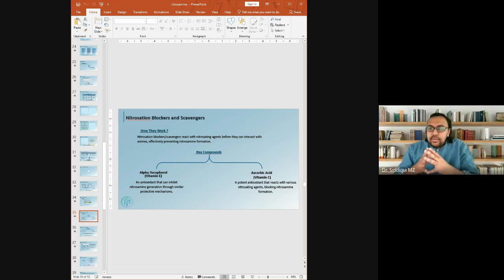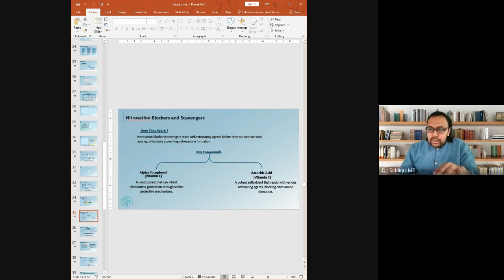Nitrosation blockers and scavengers react with nitrosating agents before they can interact with amines effectively. So what happens? They will be neutralized, so they will not be able to react with the amines, and in that case, the nitrosamine cannot be formed.